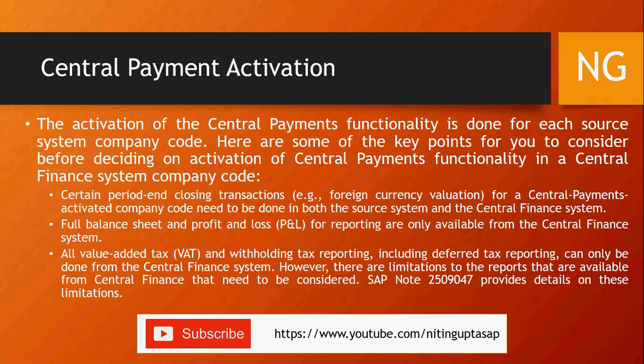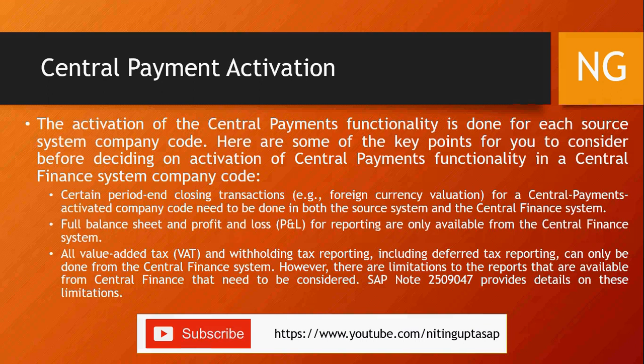The moment you activate central payment for a particular company code, certain period-end closing transactions, like foreign currency valuation for a central payment activated company code, need to be done in both systems. So you need to run foreign currency valuation in both systems. The full balance sheet and P&L are only available in the central finance system because all your payment operation is in central finance, and all VAT and tax reporting, including deferred tax, can only be done from the CFIN system.